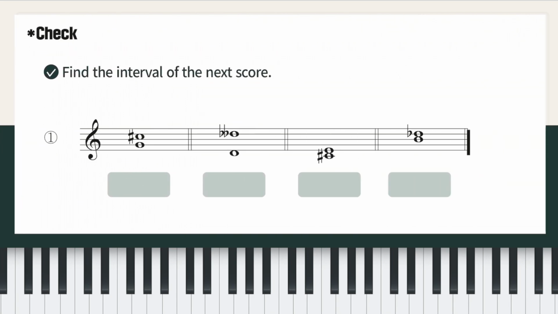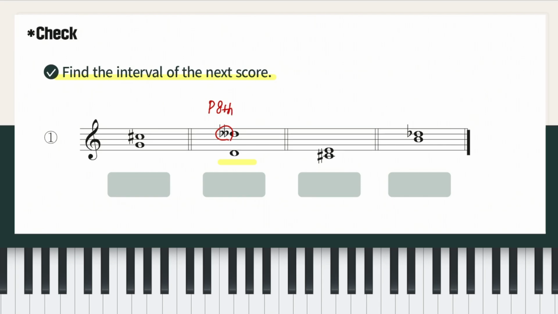Let's check if you understand or not. Find the interval of the next score. Look at the second one. It's Re to Re, but there are 2 flats. We call it a double flat, and it lowers the note by a whole tone. The back side of the book, on music grammar, has more detail. So Re to Re is the diatonic interval, which is a perfect eighth.